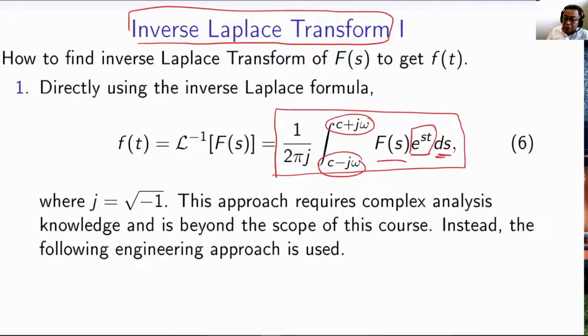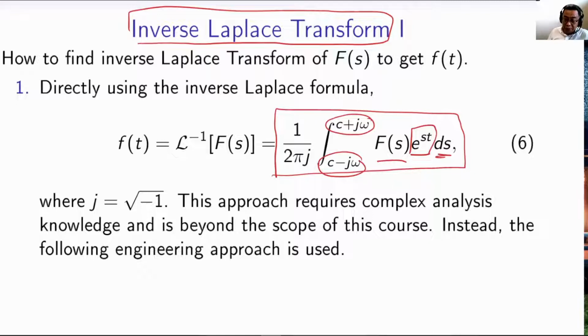Now it looks very much like the inverse Fourier transform, but it is very involved, and typically you will require complex analysis knowledge to perform this inverse Laplace transform using this integration technique. It is beyond the scope of this course, and instead we're going to apply the engineering approach.